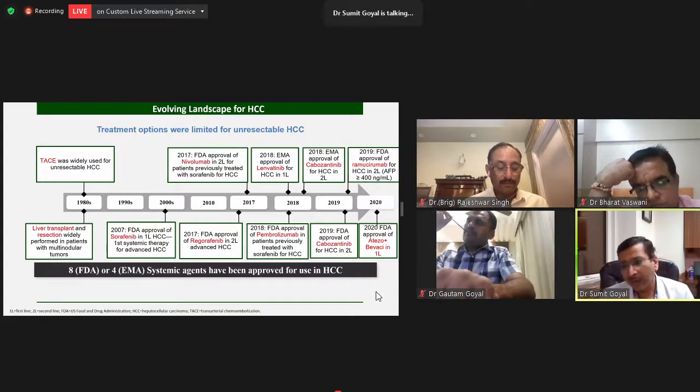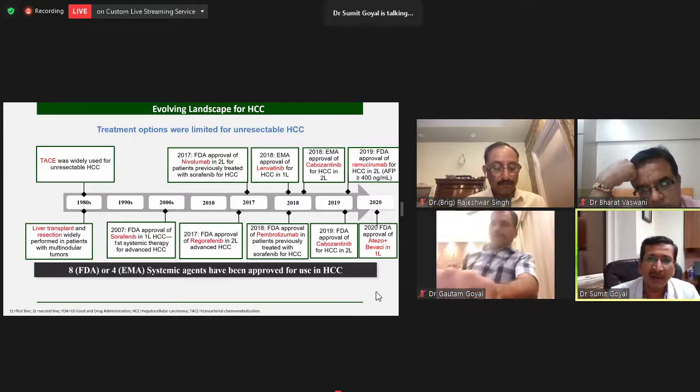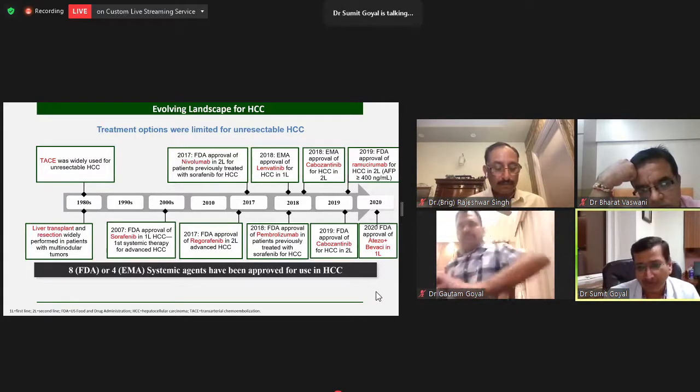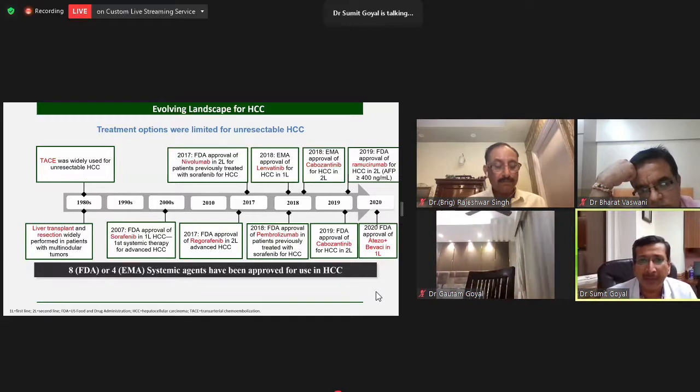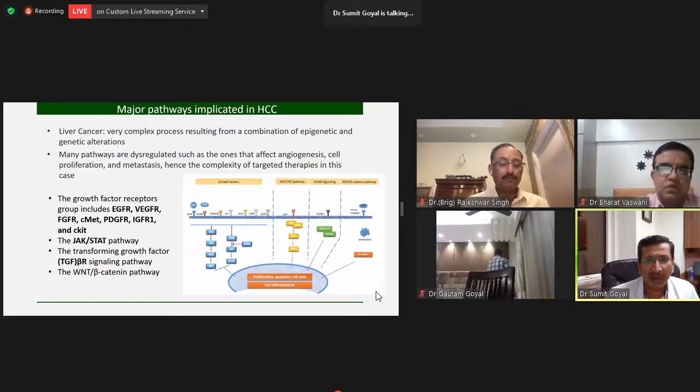Now the way molecular and precision oncology is taking over, every day there is new data coming up, and as Sachin said earlier, we want to use these medicines, but there are barriers and limitations. Definitely, the field is more exciting now, and results are also there. Liver cancer is a complex process resulting from a combination of epigenetic and genetic alterations.